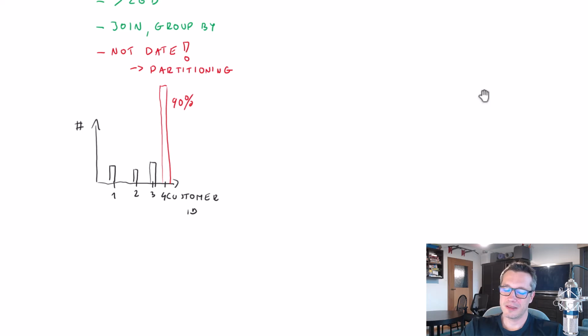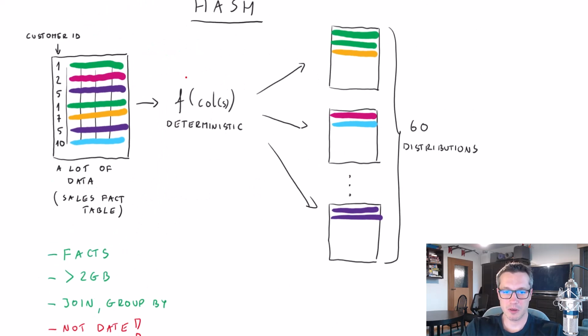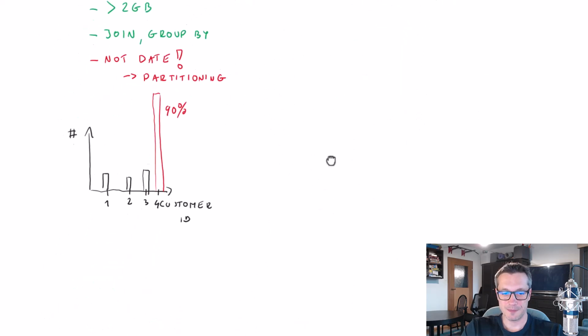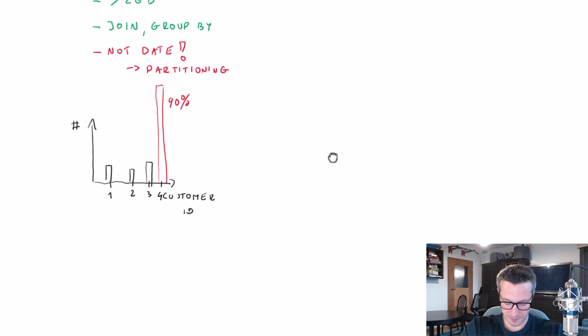Or if there is no way you could select a proper column, you could combine multiple columns. So you could use multiple columns for this hash operation. This way you might distribute it a little bit more evenly. All right, so those were the watchouts for hash distribution.